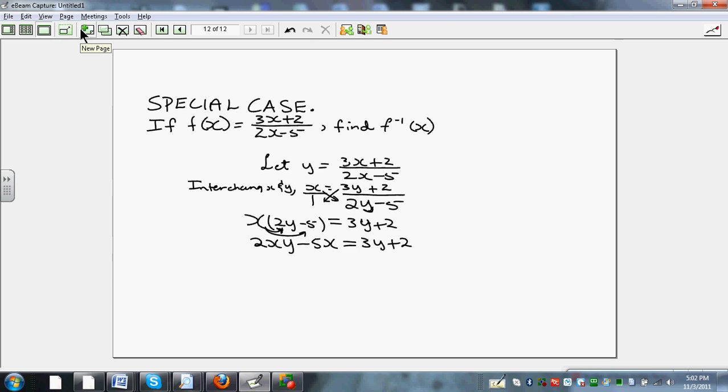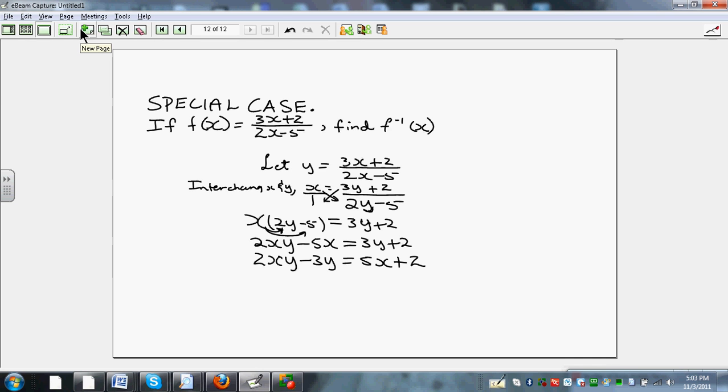The next step is to get all the y's on one side and all the x's on the other side. Any term that contains y, we will get it on the left hand side, and any term that doesn't have y in it, we'll get it on the right hand side. So what happens is that 2xy minus 3y will be equal to 5x plus 2.